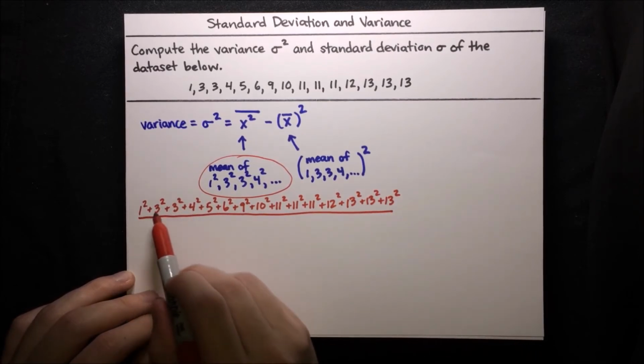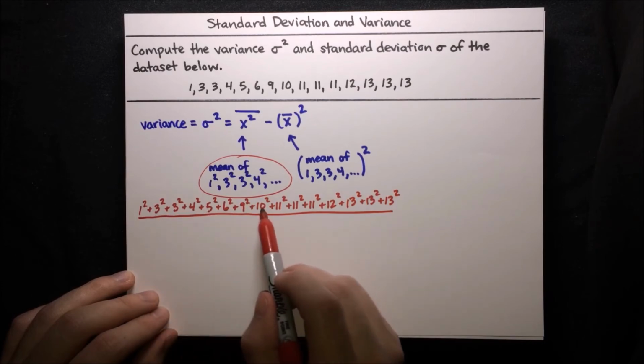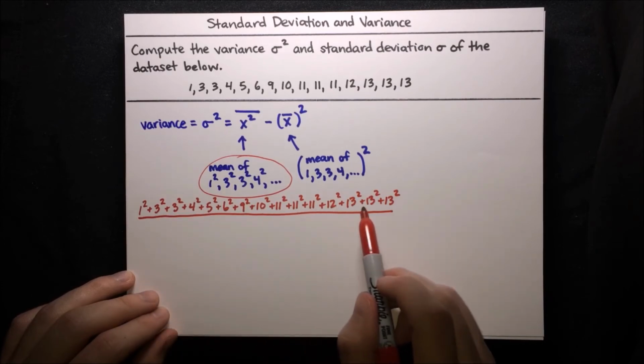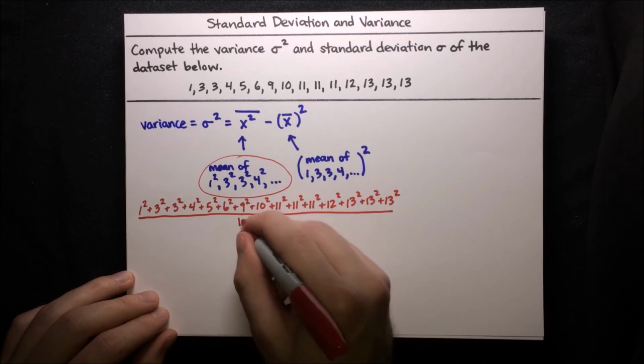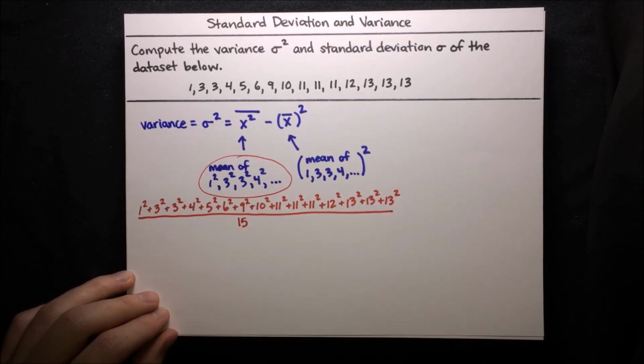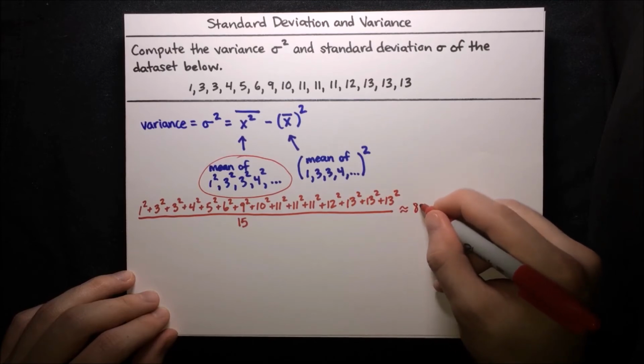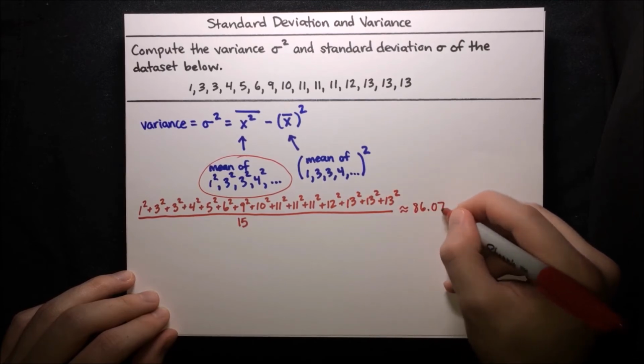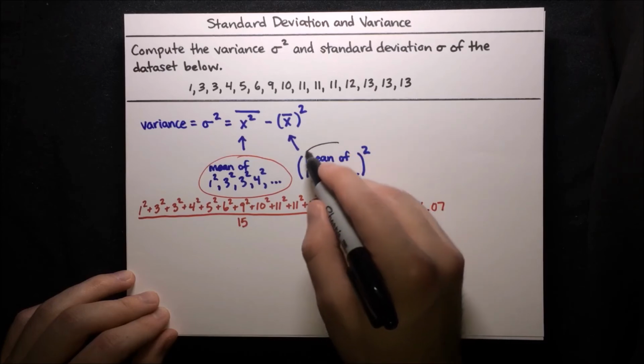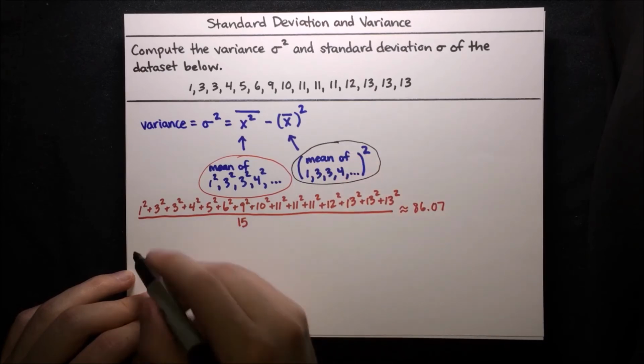So let's count: 1, 2, 3, 4, 5, 6, 7, 8, 9, 10, 11, 12, 13, 14, 15. So divided by 15. We can just punch that into our calculator and we get that's approximately equal to 86.07.